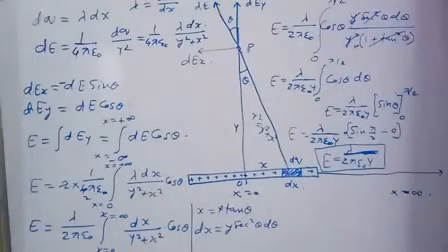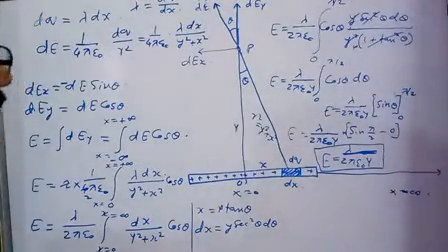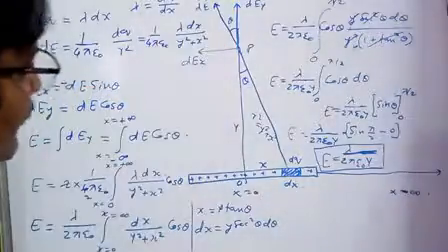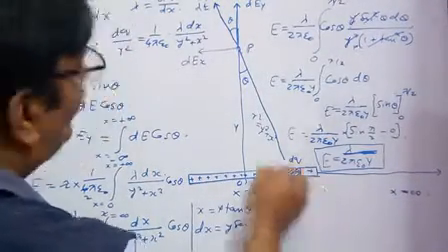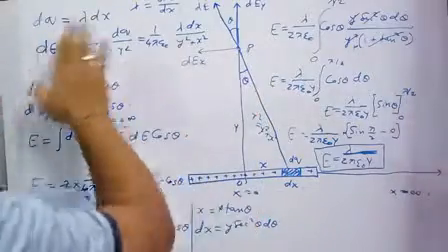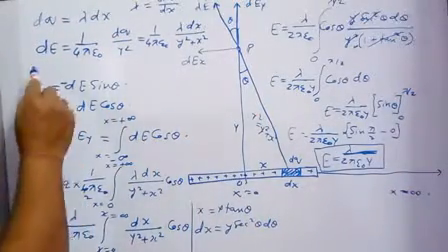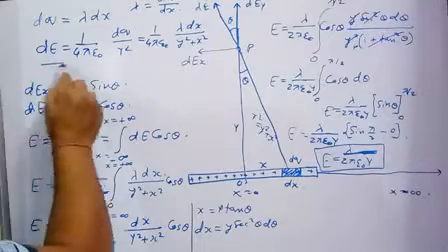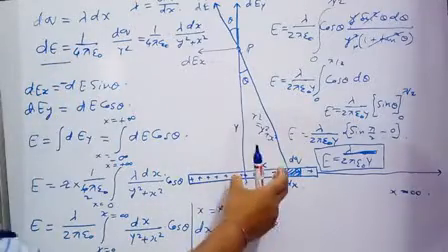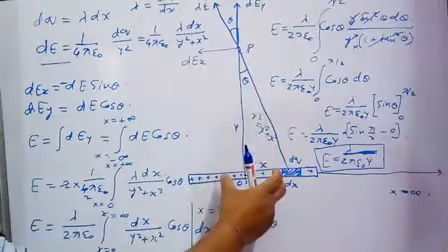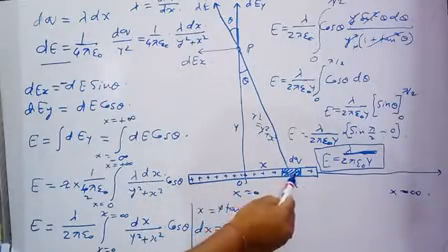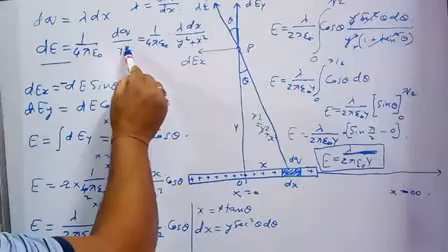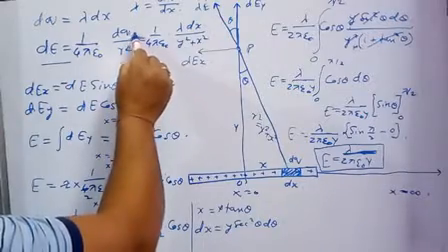So first of all, we have to find the electric field at point P due to this small section of the conductor. This electric field is suppose dE. dE is equal to 1 by 4 pi epsilon naught, if this conductor is in air, 1 by 4 pi epsilon naught times the charge on the element dq divided by r square vector r cap.